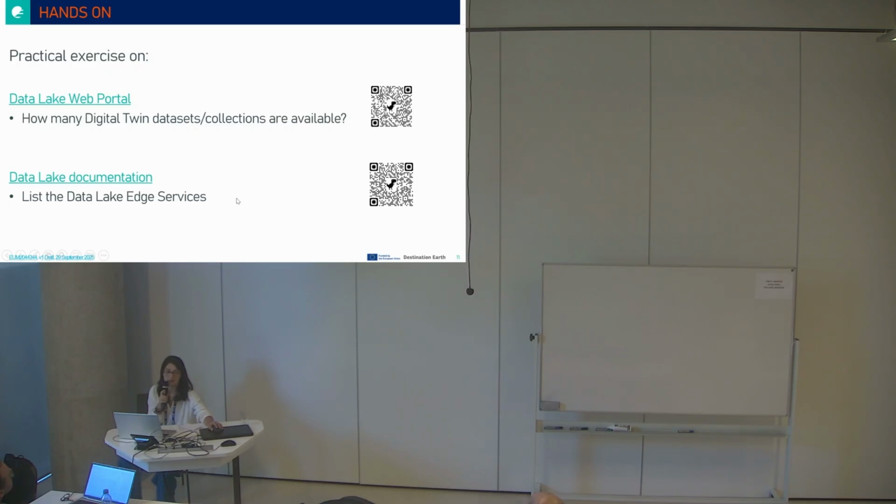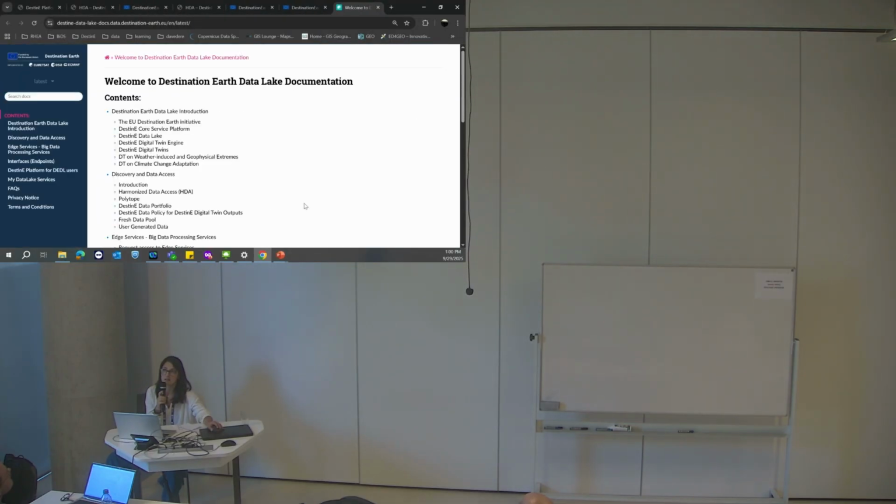Then from there, I would like you to find the documentation and tell me which are the data lake edge services, because we saw HDA now, that is the service that is open to each user who has access to Destination Earth. But there are also other services, the edge services, available at the data lake infrastructure.